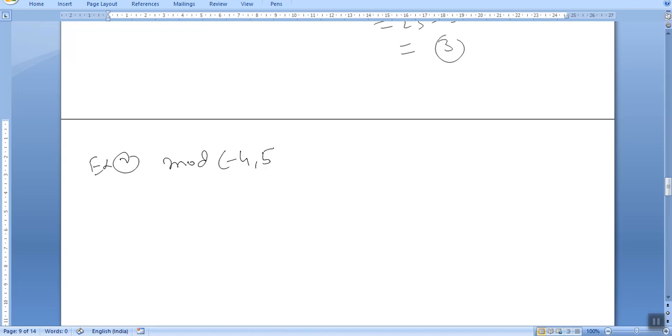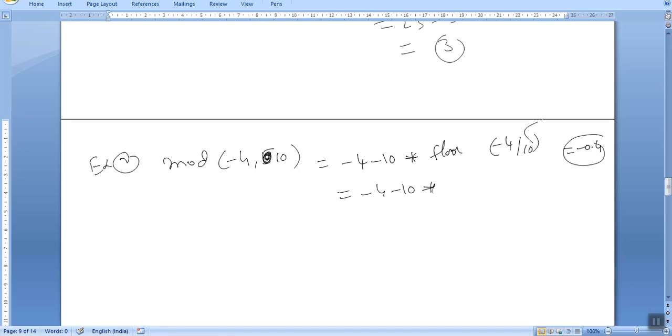how to find the value? I will take 10. Okay, simply I will take the bigger one. Then what is the meaning? Minus 4 minus 10 into floor of minus 4 by 10. Minus 4 minus 10 into floor of minus 0.4 something inside value.